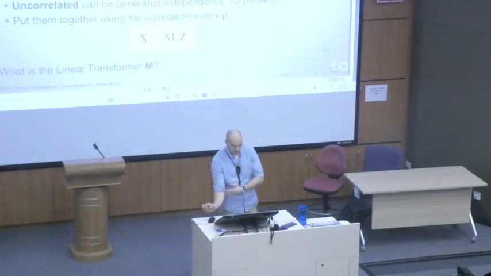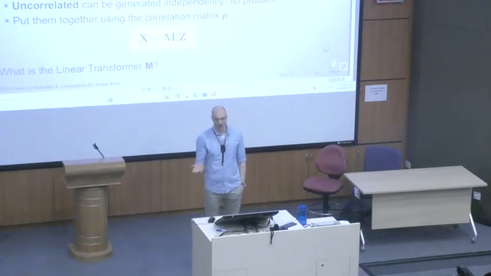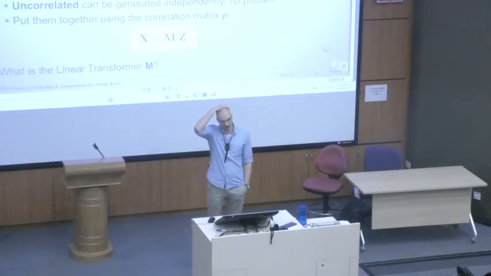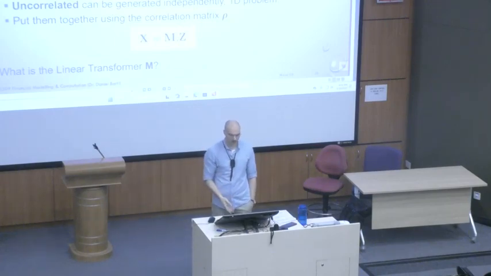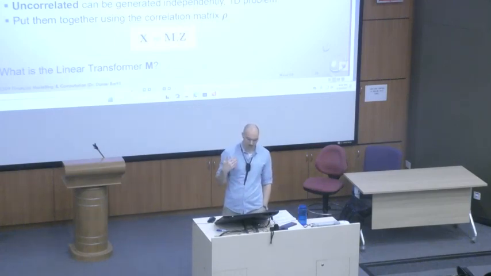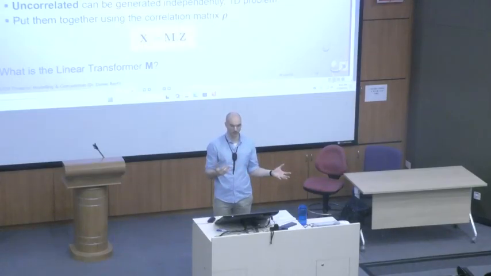We've never done this in this course so far, but conceptually, I think it makes a lot of sense. If you do models in multiple dimensions, you of course need to specify the correlation between the different variables.